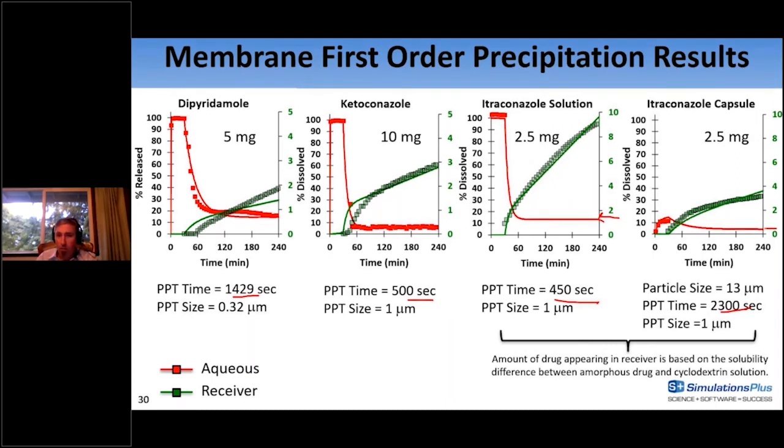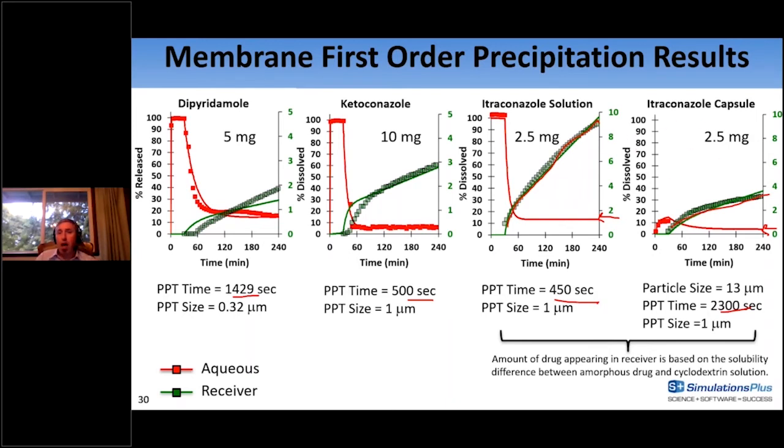Close to 15% for the solution, and down about 5% or so for the capsule. And that's because the amount of drug entering the receiver phase of the membrane is roughly about 3 times different, or in this case, maybe a little less than 3 times.